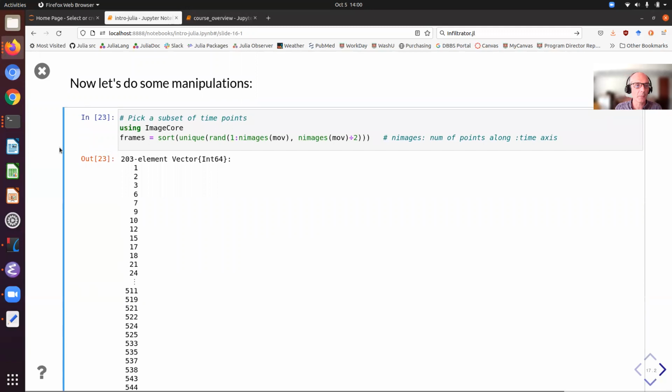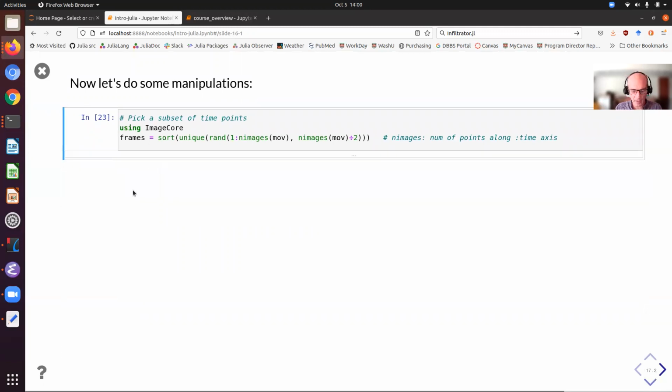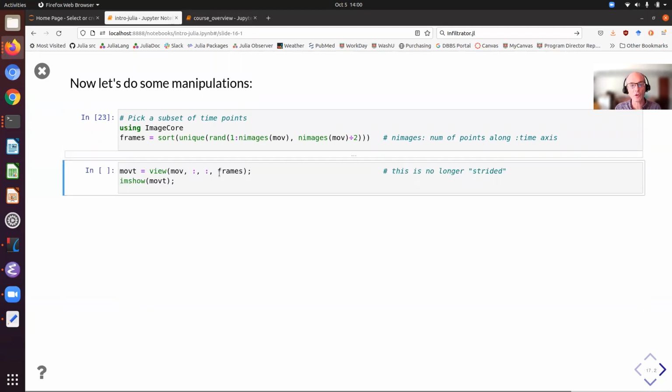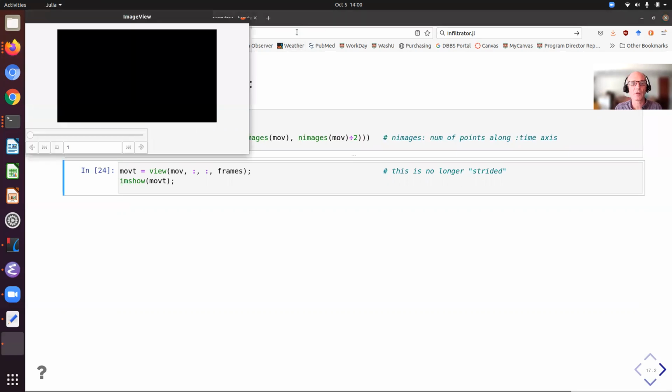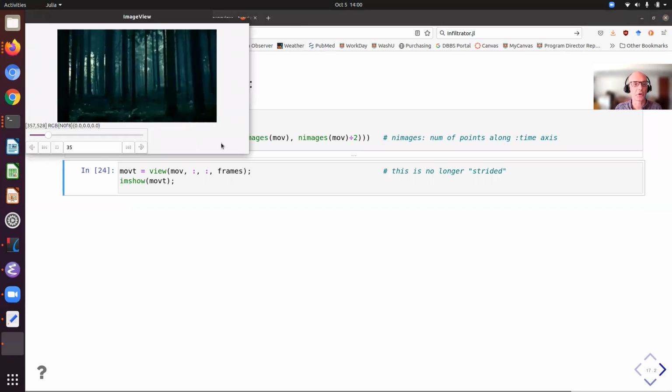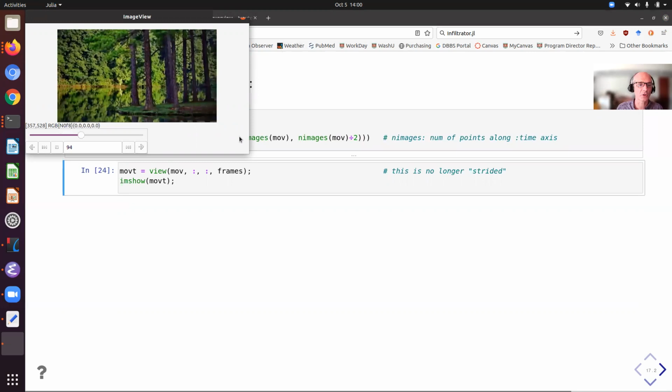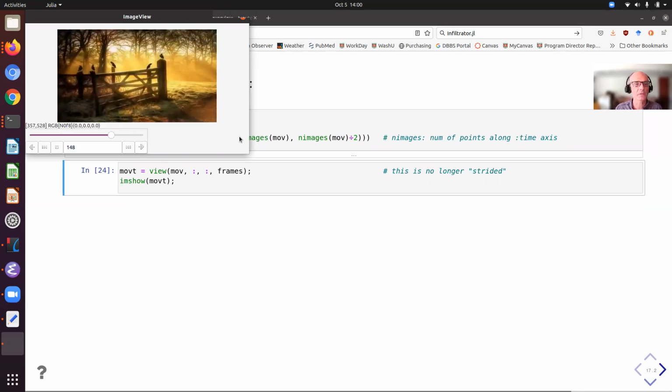And then I'm going to create a view, which is a subset of the original movie, a temporal one in this case. I'm only showing a subset of the time frames. And if I show you this movie, you can see that it now kind of stutters a little bit, and it also plays a lot faster. It's about half the number of frames.